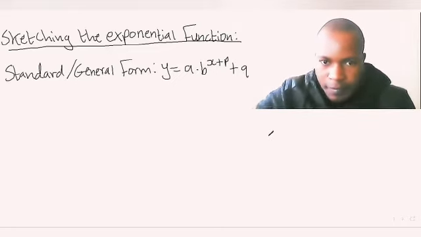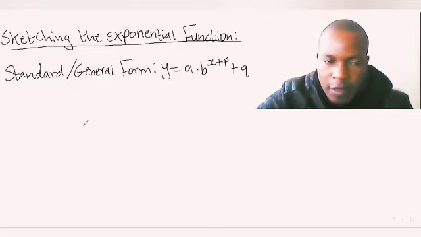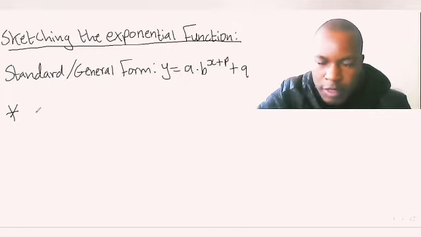To sketch the function itself, you need the asymptote, and you would also need the x as well as the y-intercept.